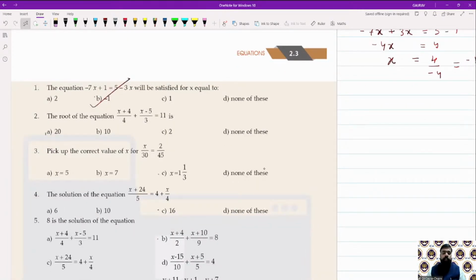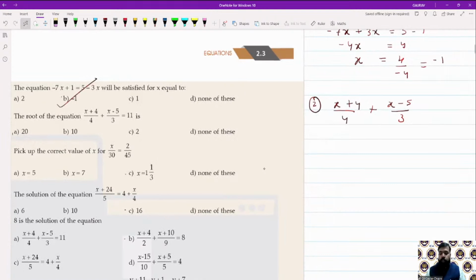Now let's try question number 2. x plus 4 upon 4 plus x minus 5 upon 3 is equal to 11. Now, we have to take the LCM and solve. What is the LCM of 4 and 3? It is 12.